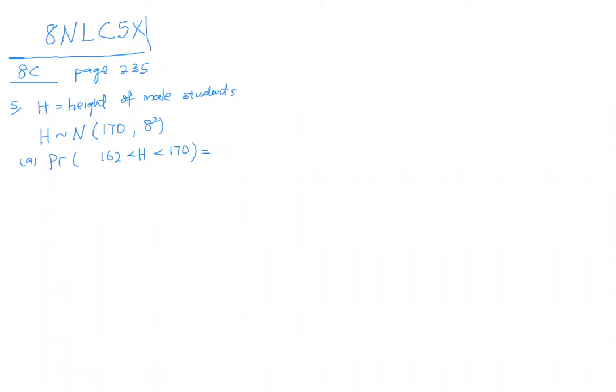Yeah, so you put in normal CDF. Okay, lower boundary, upper limit, mean, standard deviation. So remember, normal CDF is for us to find the probability. So what is the probability for this one?